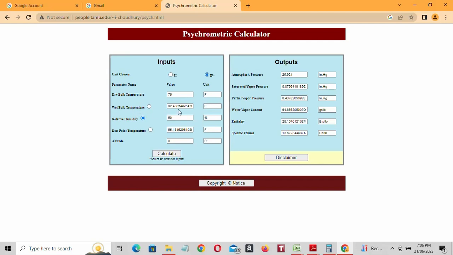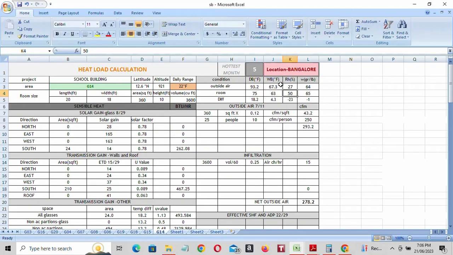Wet bulb is 62.43, you can take 63, and humidity ratio is 64.65, you can take 65. If you take the difference, you will get these values: 93.2 minus 75 is 18.2, here 4.3, here minus 23, here minus 1.